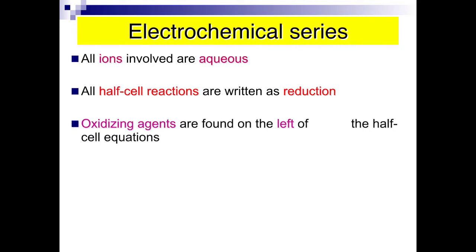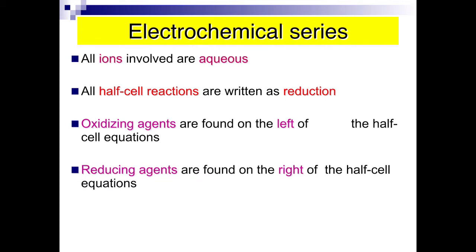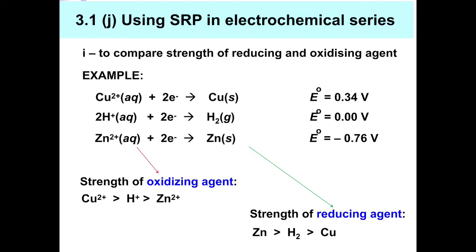Oxidizing agents are found on the left of the half-cell equations, while reducing agents are found on the right of the half-cell equations.